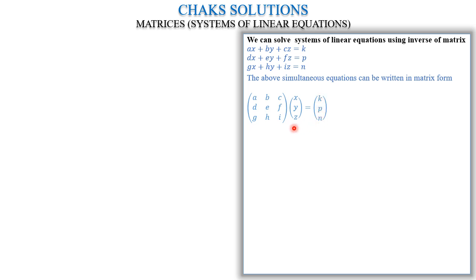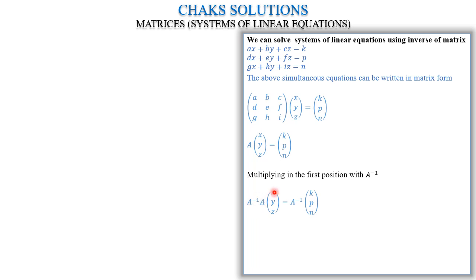Right, so now we can find x, y, z by multiplying by the inverse of this matrix. Let's assume that this matrix is A, so it's going to be A times XYZ equals this matrix. Now we multiply in the first position by A inverse, such that A inverse times A gives the identity matrix.